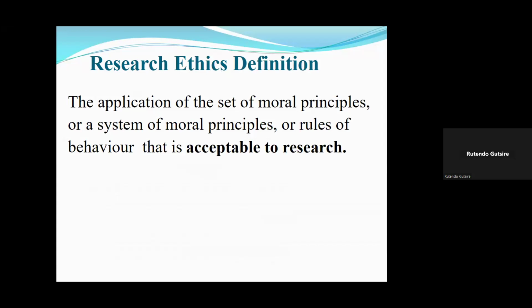So moral principles or a system of moral principles or rules of behavior that is acceptable to the system. So we're going to talk about the right way to do research and acceptable by the national laws and international guidelines.